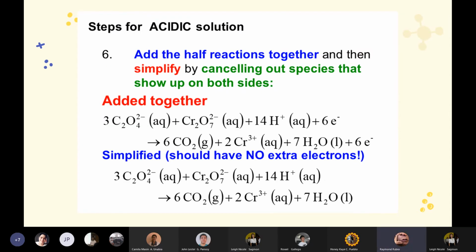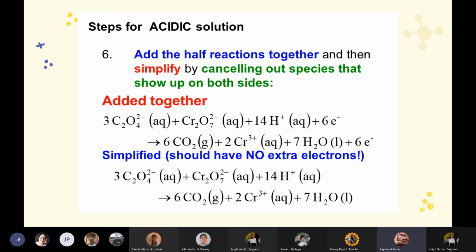Next. So i-add nimo ang reduction ug oxidation nga half reactions, i-add nimo tanang reactant nga side, i-add sa nimo tanang product nga side. Pag human i-cancel tanang like terms, so here ma-cancel nimo ang electrons duha sa each side. So, matangtang ang duha ka electrons and make sure nga wala dyan electrons for the final answer.